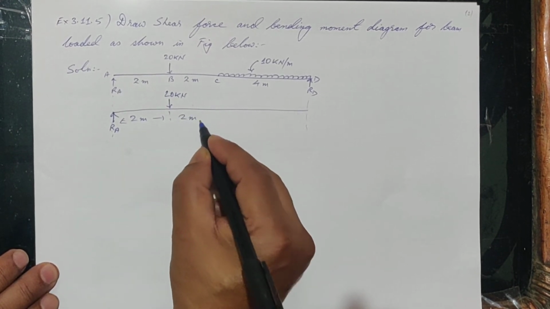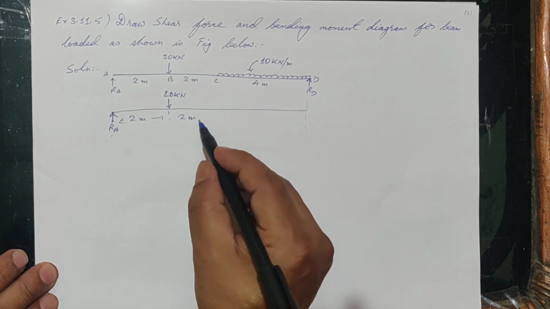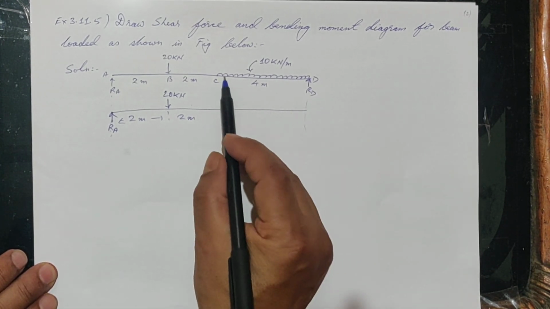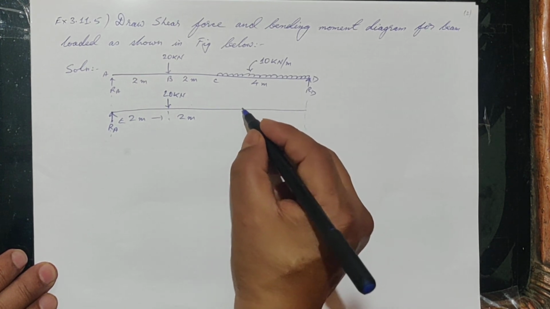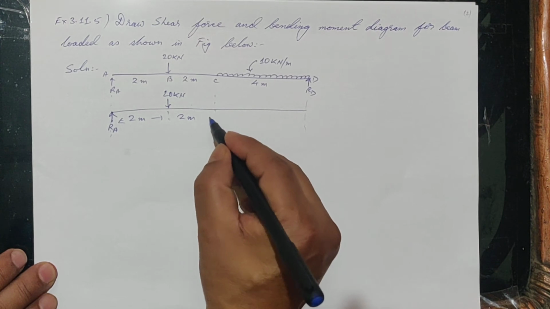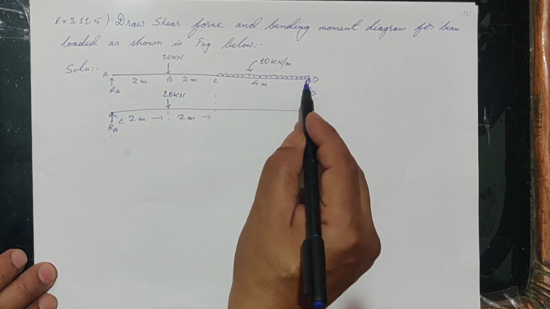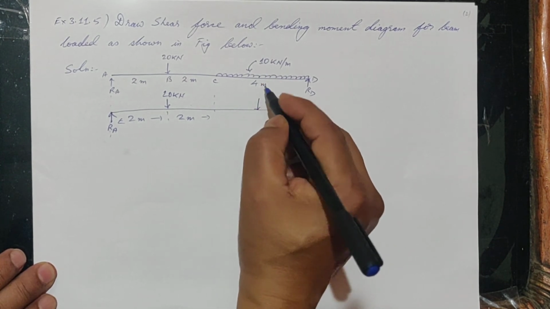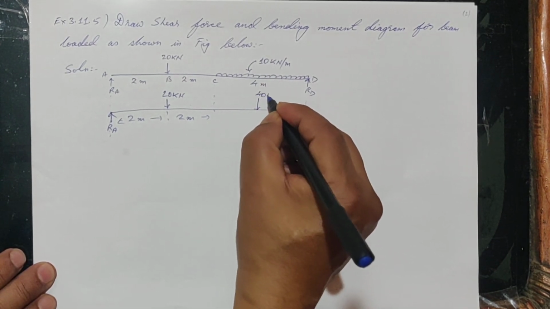Another 2 meters, we have the BMD. The UDL is starting. So we have here, say, 2 meters, and this will be at the center of this. So this will be 10 multiplied by 4, that will be 40 kilonewton.